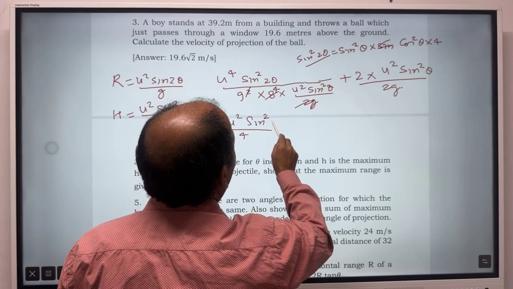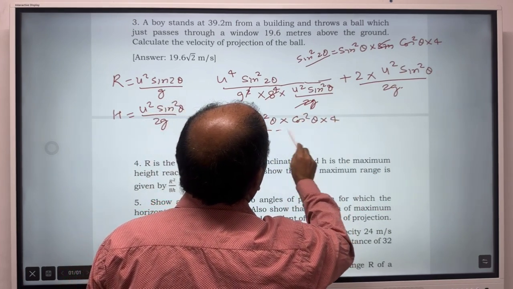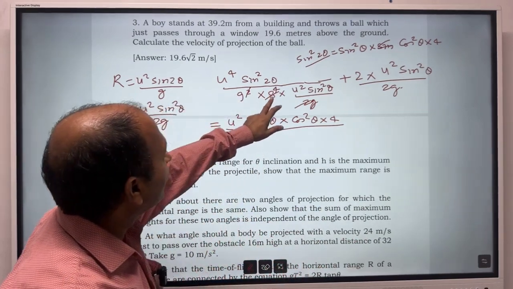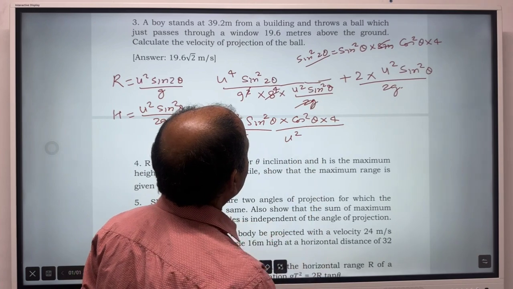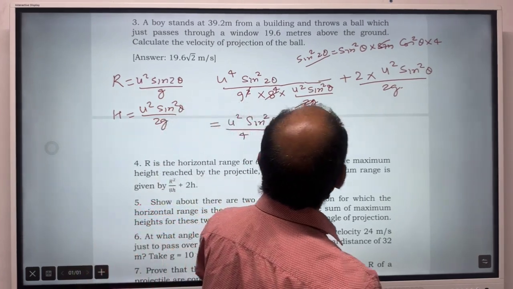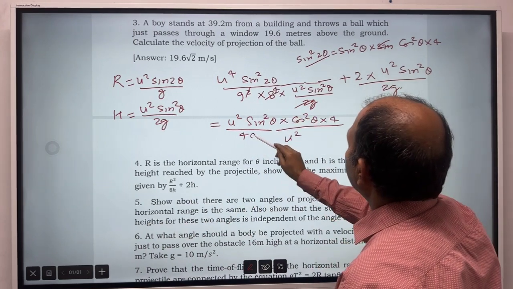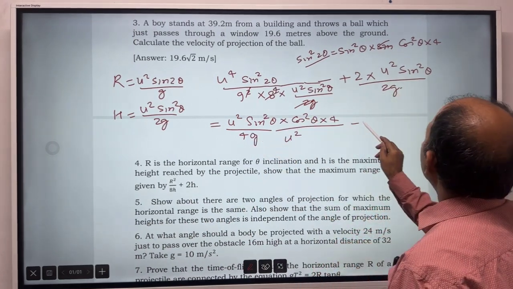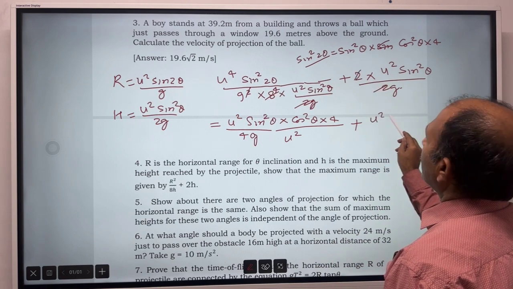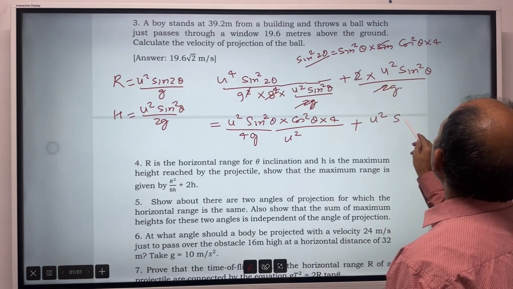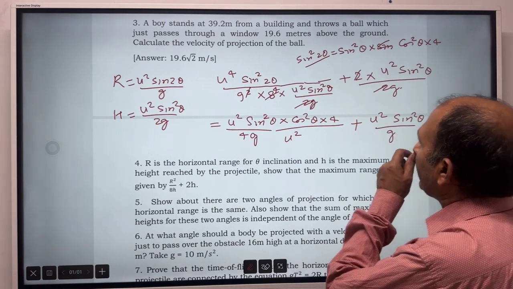So this is sine square theta into cos square theta into 4 whole divided by, here what is left? Sine square theta is already cancelled, only u square is left. G is cancelled, so 1g is still left, 4g. What about this? Here 2 will cancel out, so u square sine square theta divided by g is left.